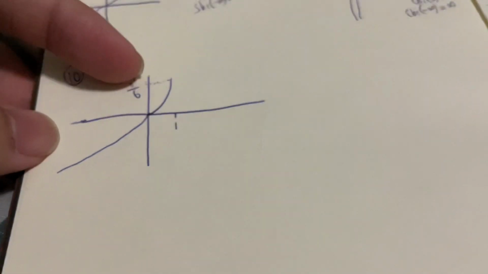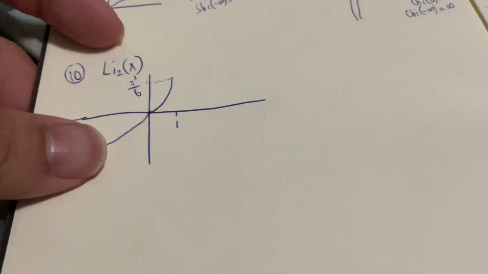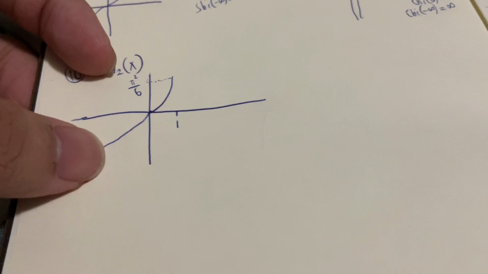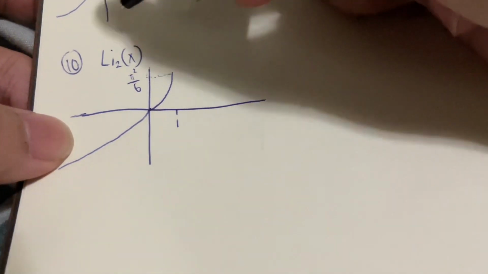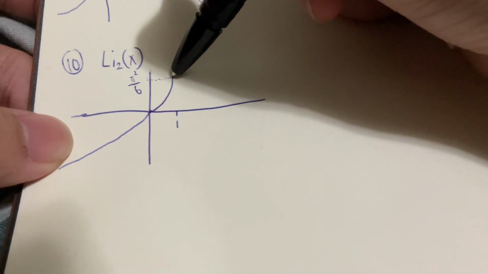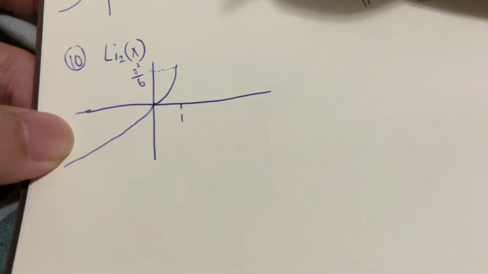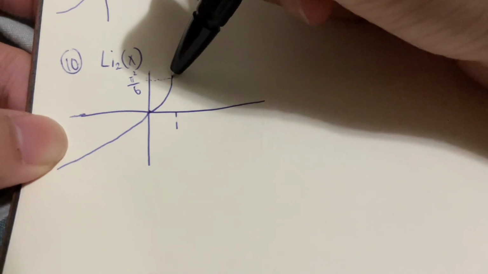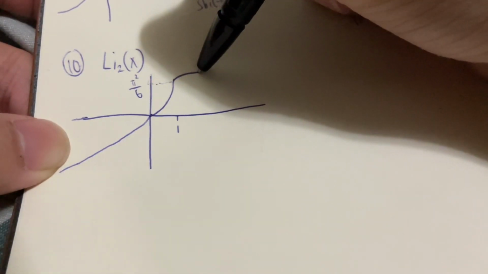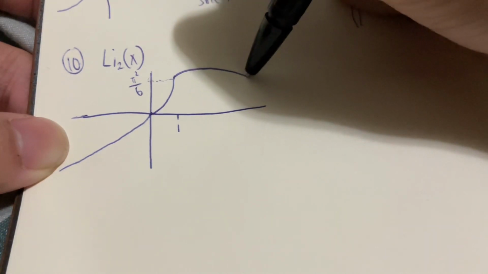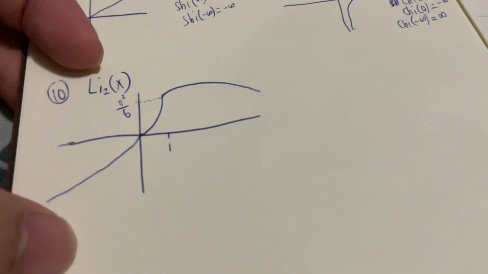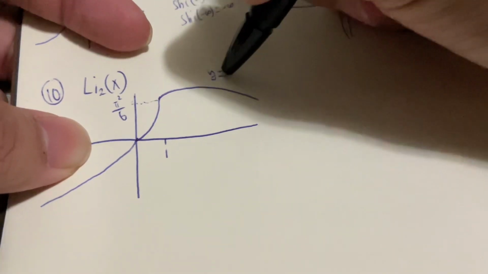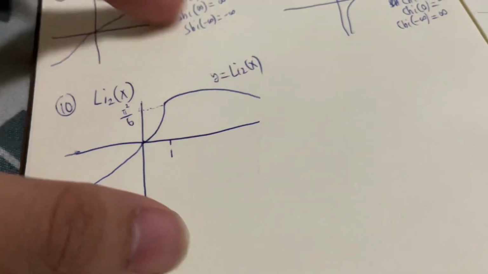And when x is equal to 1, this line just turns around, goes up like that, and then keeps approaching 0. When x is an extremely big number, it keeps approaching 0.